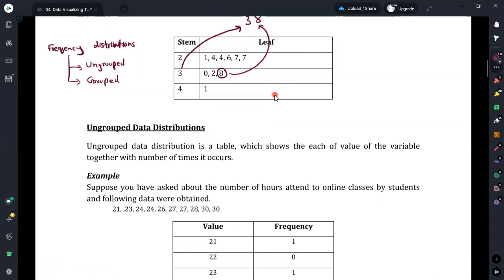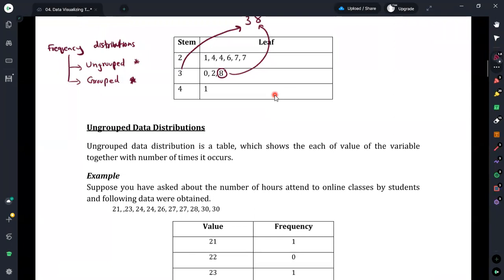These are the two ways we have frequency distributions. First we will discuss the ungrouped data distribution, and thereafter we will discuss how to construct the grouped data frequency distributions.